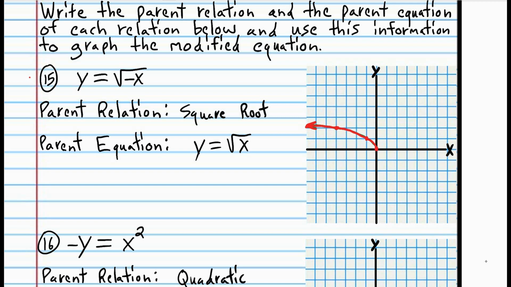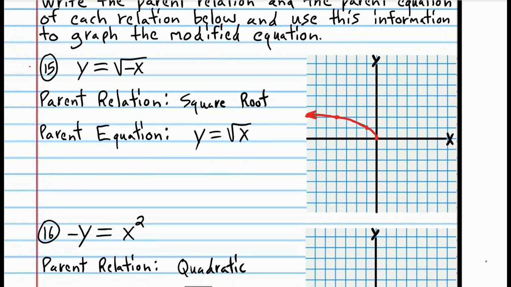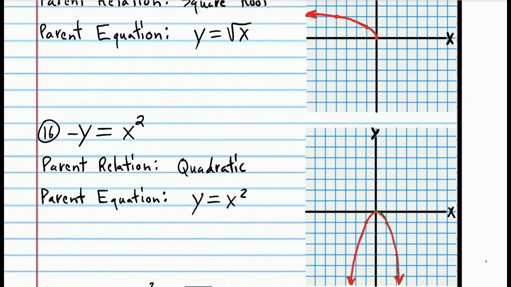Maybe not so much dilation, because with the dilation the shape actually changes. But when it comes to translating and reflecting, once you know the general shape, you can actually picture in your mind how the graph is going to change.